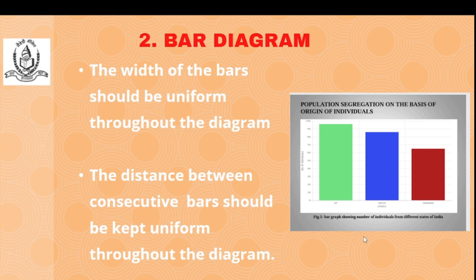Also, what can be deciphered from this graph is that the width of all these three bars is uniform throughout the graph. So the width of the bar has to be constant. Also, you should observe here that the gap between each of these bars is also kept uniform or constant. So these two things are extremely important while drawing the bar diagram.